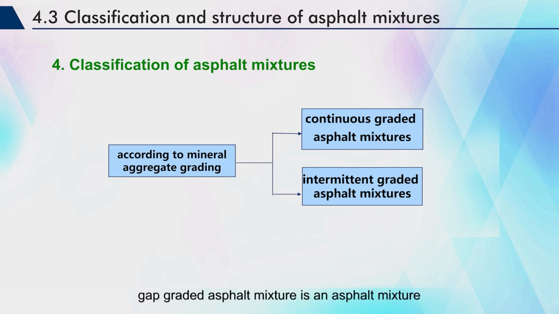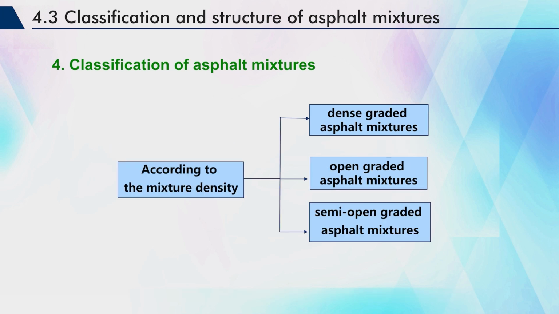Gap-graded asphalt mixture is an asphalt mixture formed by the lack of one or several grades or a small amount in the composition of mineral aggregate gradation.